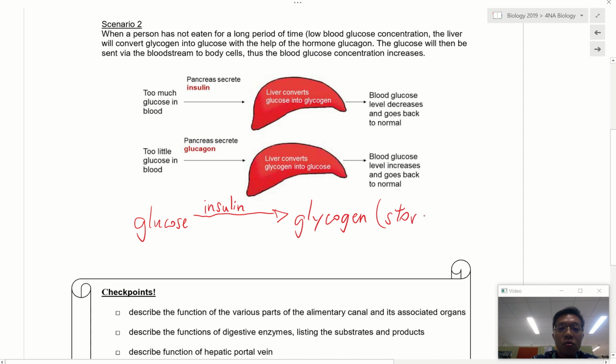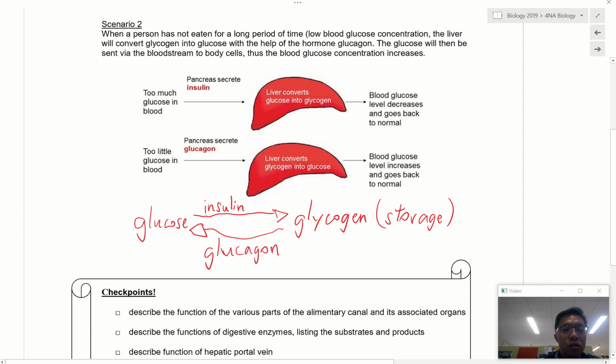If your body doesn't use the glucose, it just stores it as glycogen. And why do we need to store it? So that when you, for example, don't eat for a long period of time, you have very little glucose in your body and you need glucose for respiration. The body will convert the glycogen back to glucose using another hormone called glucagon.